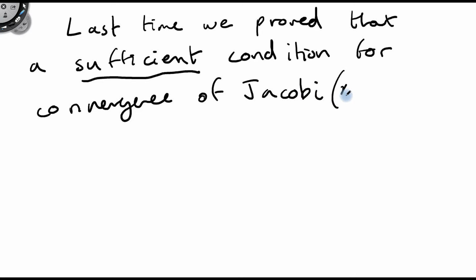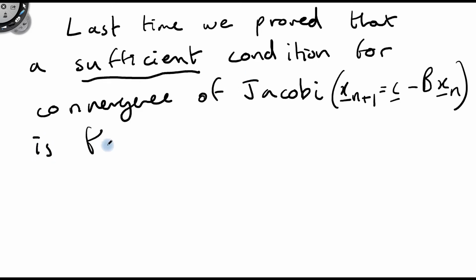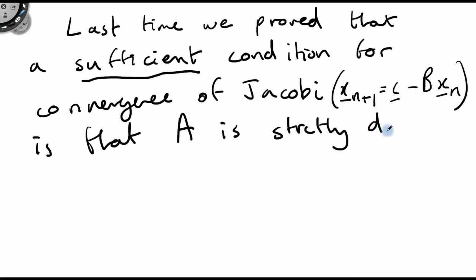Remember, Jacobi is x^(n+1) = c minus B x^(n). It's an iterative method that takes your vector towards the solution. The condition is that A, your original matrix in Ax = b, is strictly diagonally dominant.